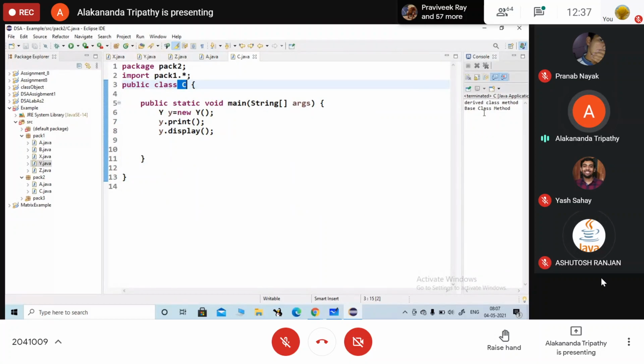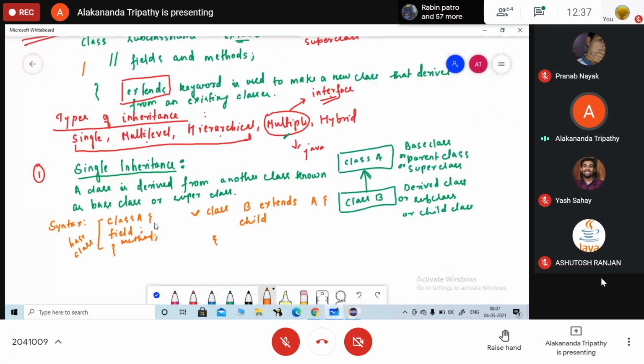Yes, ma'am. Derived class method, base class method. So here is another point you should all remember: in inheritance, whose object is created?